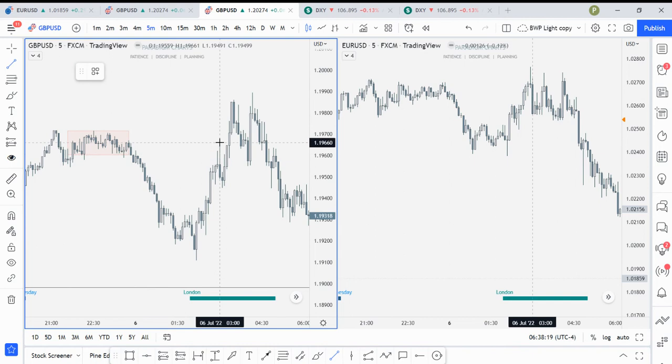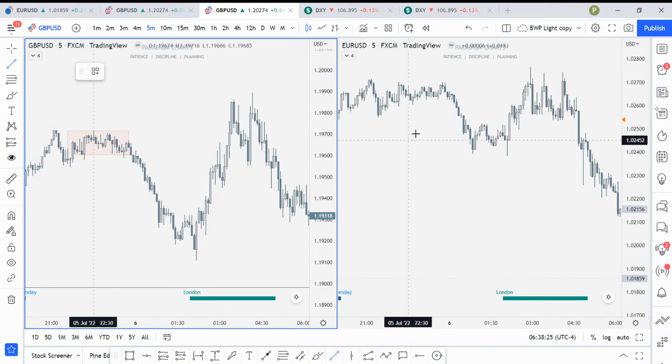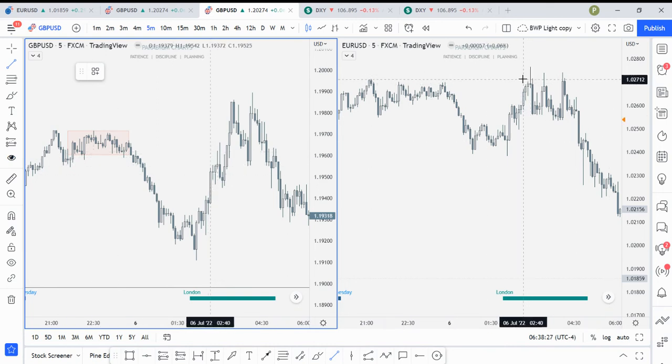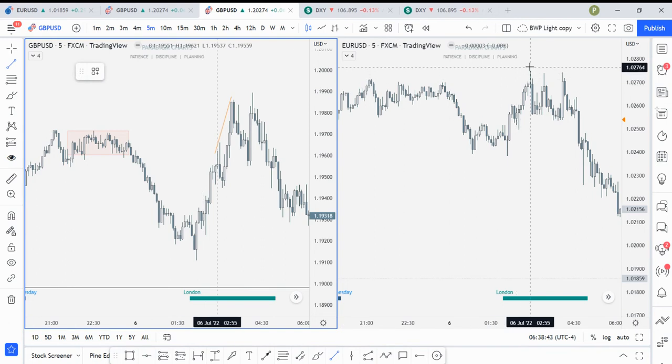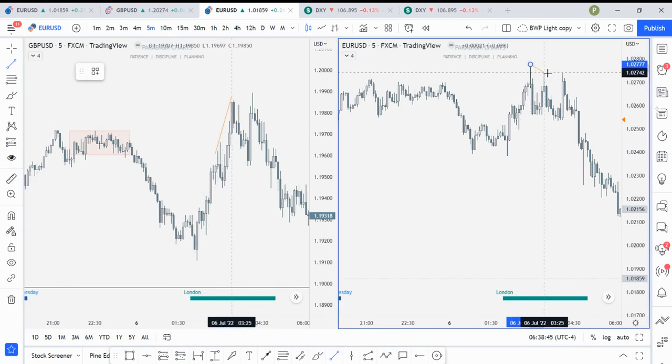Look at my line, the vertical line. This high here corresponds with this high. Just look at the vertical line. So here we see a higher high on pound USD, while here we are seeing a lower low on pound USD.